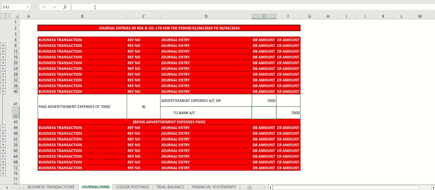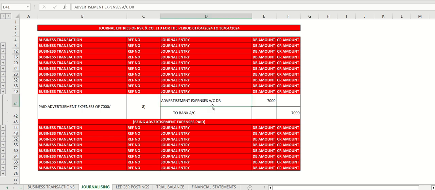So advertisement expenses account is debited, to bank account. Which accounts are supposed to be created? One is the advertisement expense account and the other one is the bank account. The bank account already exists, so the 7,000 would get adjusted against the existing balance of the bank account, and the net balance would get reflected in the respective ledger account.